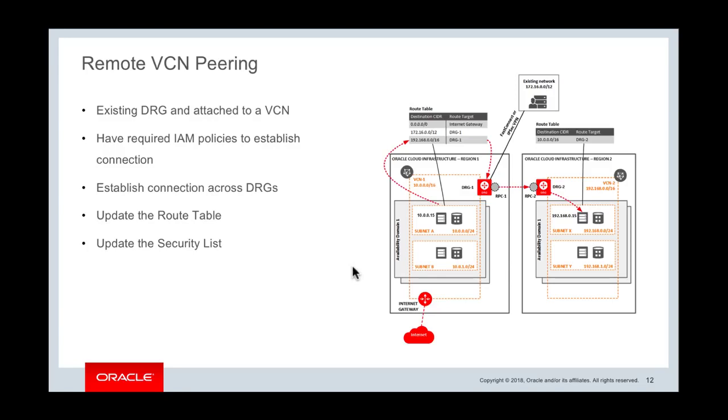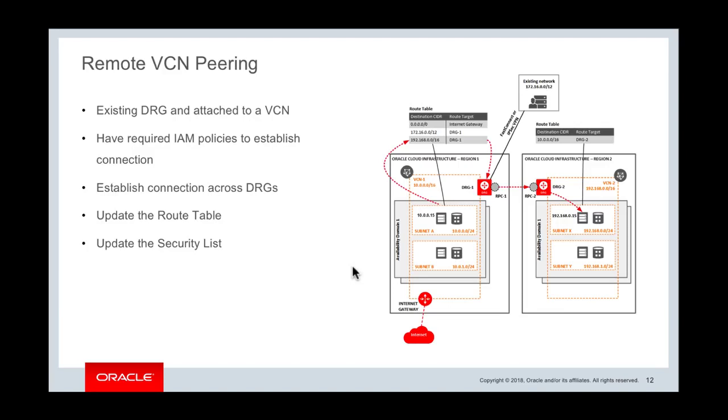Once the connection is established, the next steps are the same: you have to edit the route tables and security lists in your virtual cloud networks to forward the traffic to the other VCN. For instance, in the current example, you have VCN 1 with a 10.0.0.0/16 network.